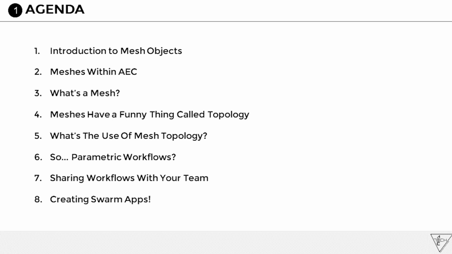And a couple of the details about them, like what their topology is, why it is important, why it matters, and how that ties into the idea of a parametric workflow. And then lastly, we'll talk about how we can develop workflows that can be shared within different teams, and how that can tie into the idea of cloud computing, in other words, Swarm. Like I said, we'll cover all that shortly.